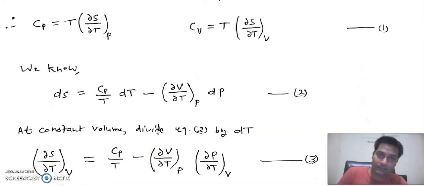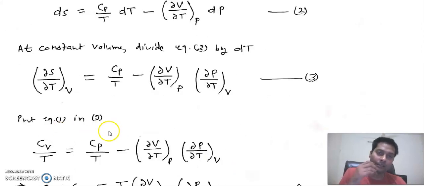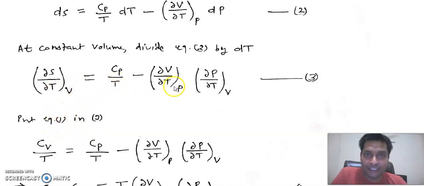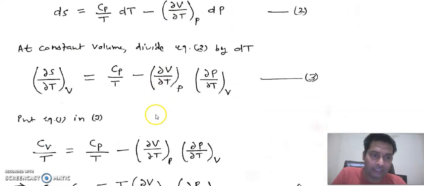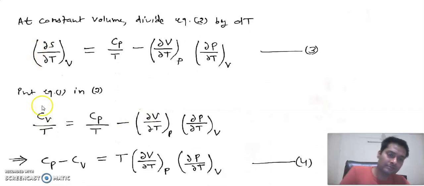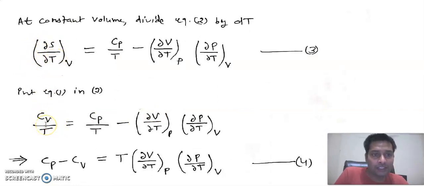Now put the value of Cv from equation 1 in equation 3. So put equation 1 in equation 3. This del S by del T will be equal to Cv by T from equation 1.